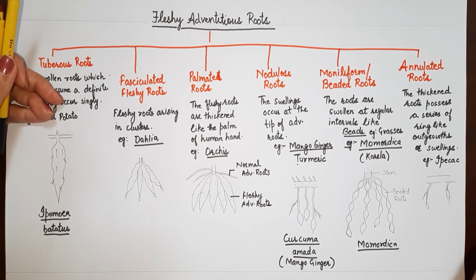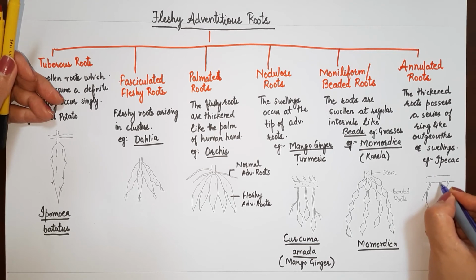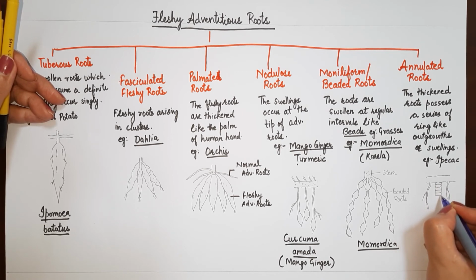And from the center, we are going to show the annulated roots. So in this case, at regular intervals, you will observe fleshy and non-fleshy roots. You have to make small disc-like structures, and slowly and gradually they will taper.